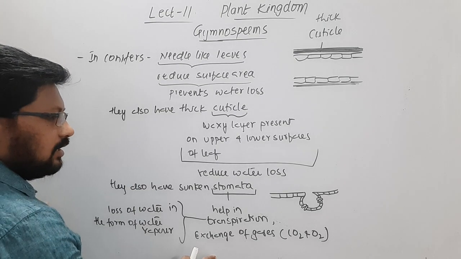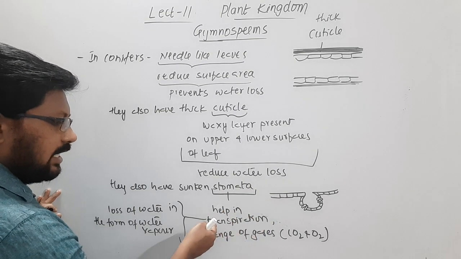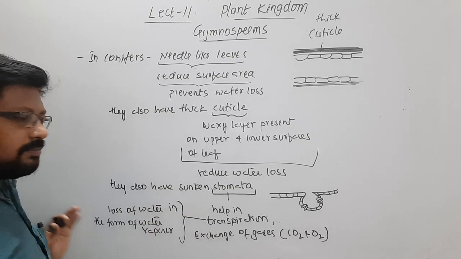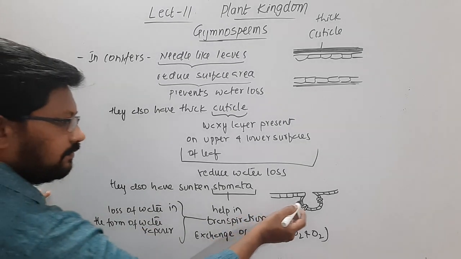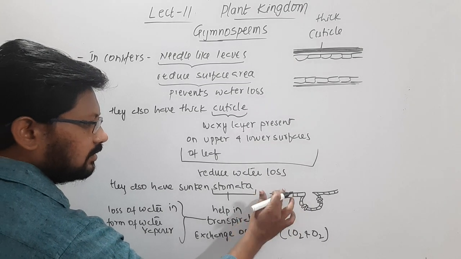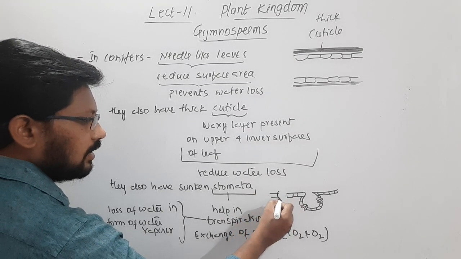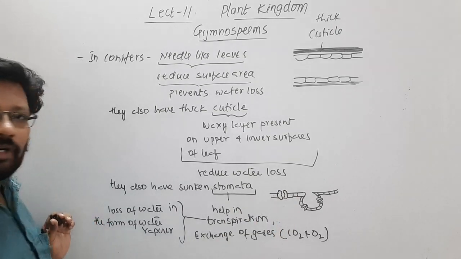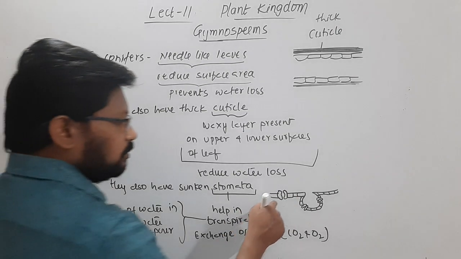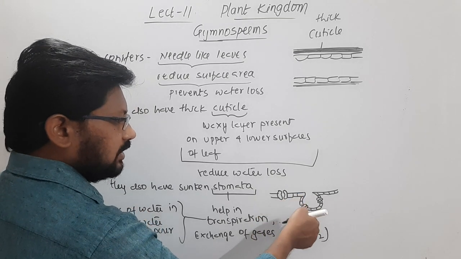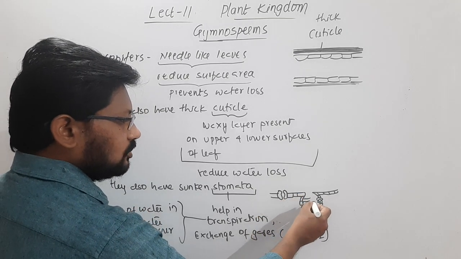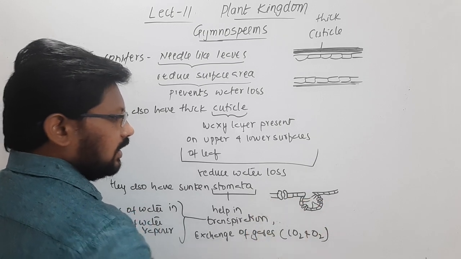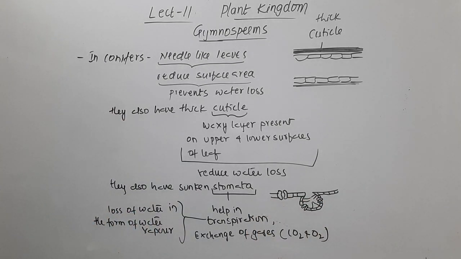Here, these stomata, as I told, are responsible for transpiration, meaning they will help in water loss. If they are present on the epidermis like this, then there will be more water loss. Hence, to prevent this, they are situated in cup like structures here, and this will help in reducing water loss.